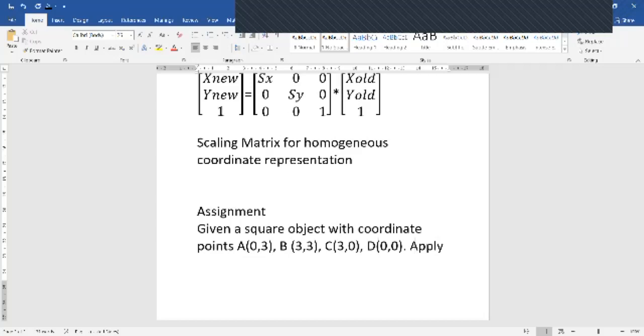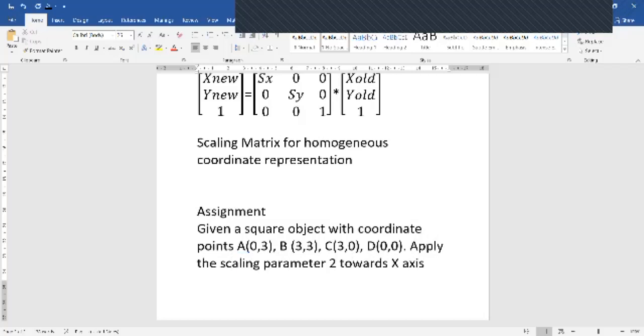Apply the scaling parameters. These are the parameters of the scaling. There were 2 conditions, where the scaling factor is greater than 1 and the scaling factor is less than 1.